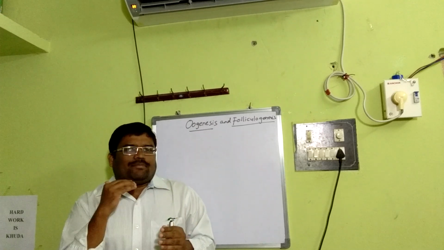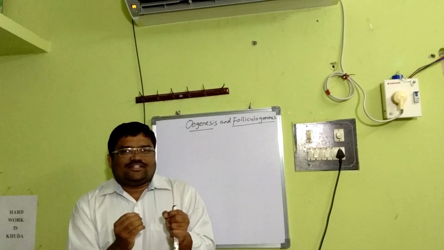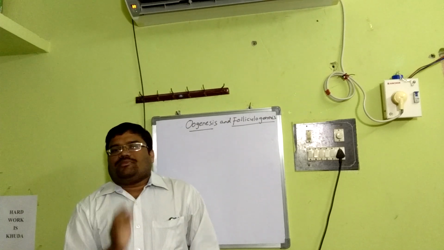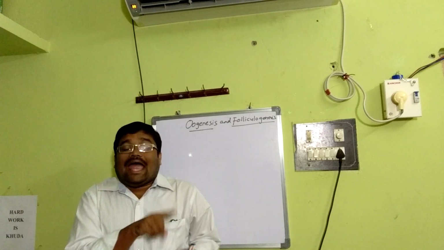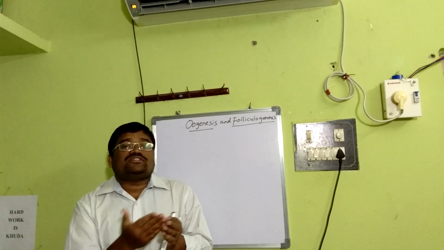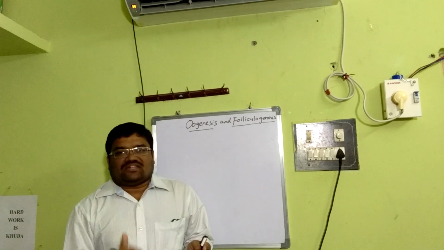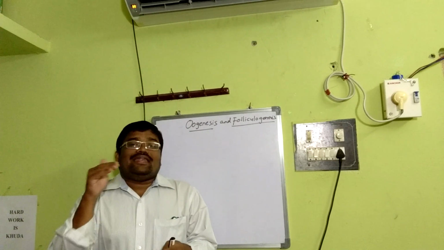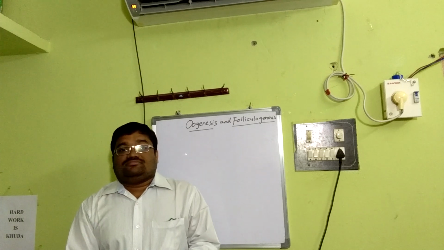Here the primary oocyte, which was arrested just before or after birth in prophase 1 of meiosis, continues at puberty. It will finish meiosis 1 and become a secondary oocyte. The secondary oocyte continues meiosis 2, but is again arrested at metaphase 2. This is very important.